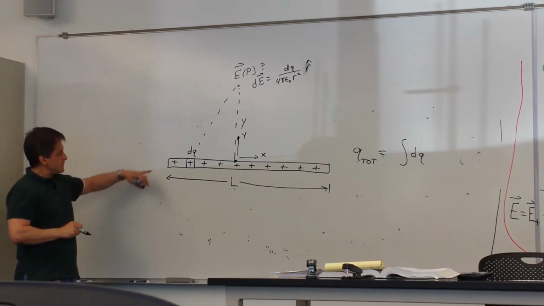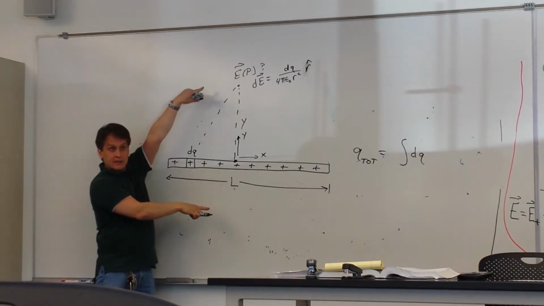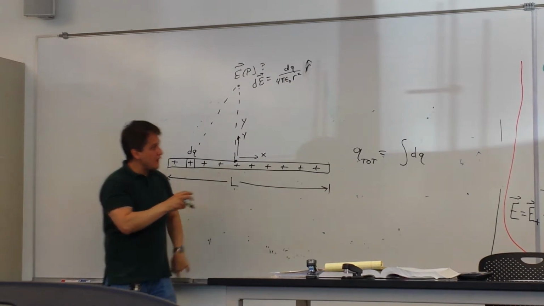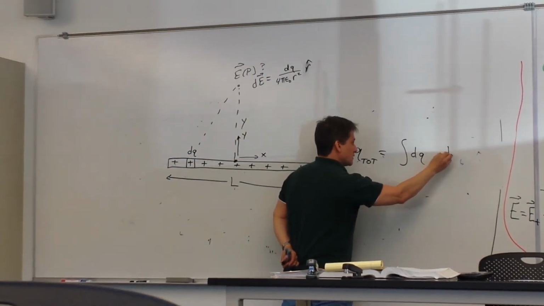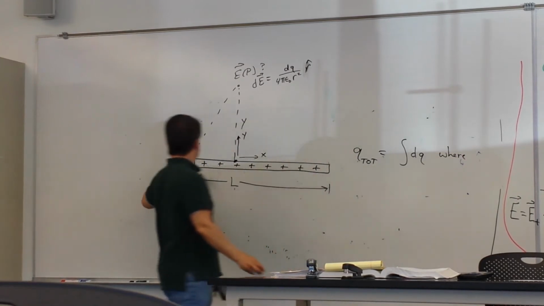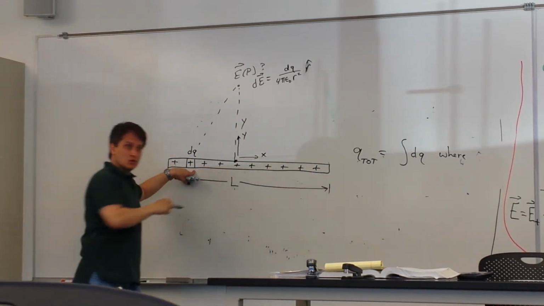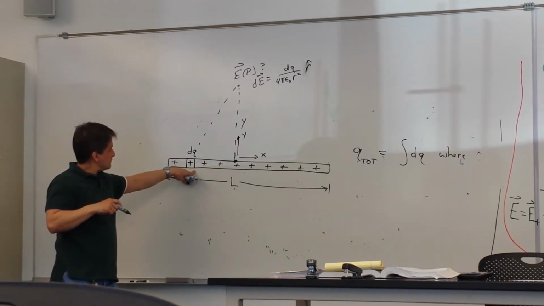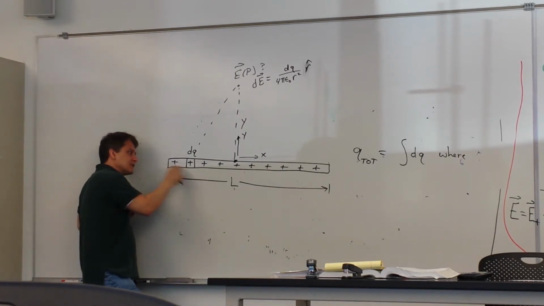In which case, as long as the rod is thin relative to the dimensions that I'm looking at, I can define dq, or the unit of charge in this little quantity, in terms of the density of charge.